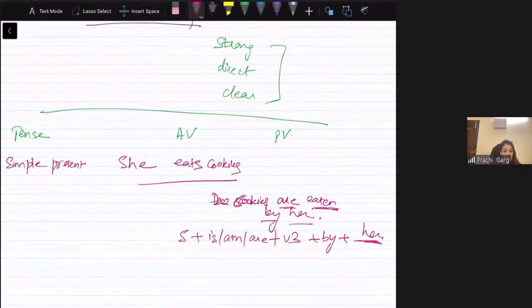It's mentioned in your study material on page number 2.20. I have already explained the structures there. You can refer to it, but for your understanding, I am explaining it once again.